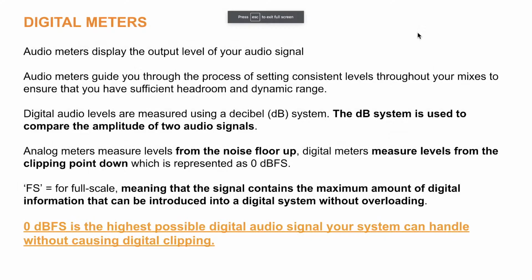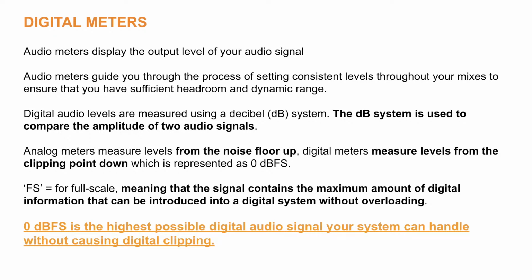So digital meters are usually awesome. They operate in dBFS. Analog meters measure levels from the noise floor up, while digital meters measure levels from the clipping point down. That's what I told you when I said that analog meters and digital meters are kind of inverted images of each other.